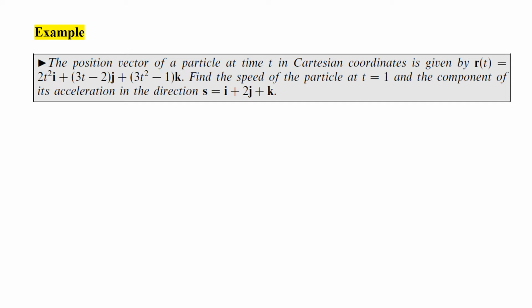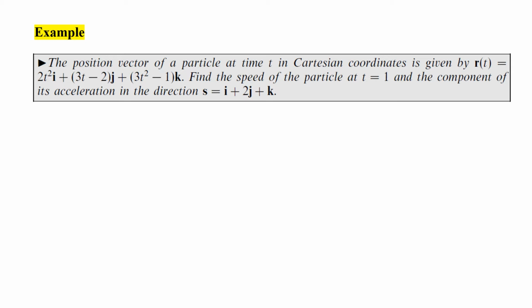Now let us have an example. The position vector of a particle at time t in Cartesian coordinates is given by r(t) = 2t² i + (3t - 2) j + (3t² - 1) k.